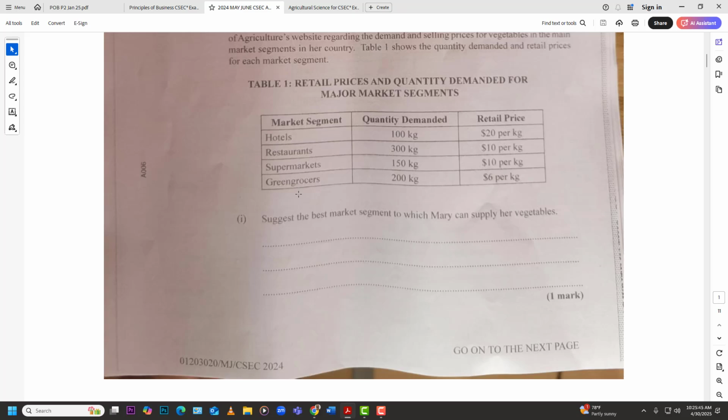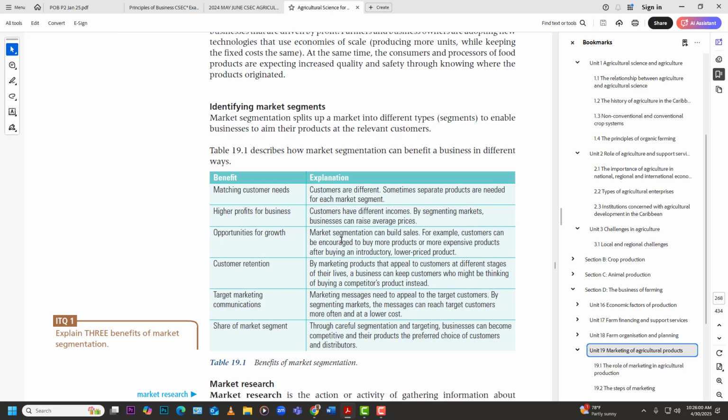Whereas the green grocers in supermarkets, you want them to look a certain way because you have to display that for the customers. So now we're able to supply different segments with different types of products. So you can plant this one for that segment, this one for that segment, and so you're expanding your offering as a farmer.